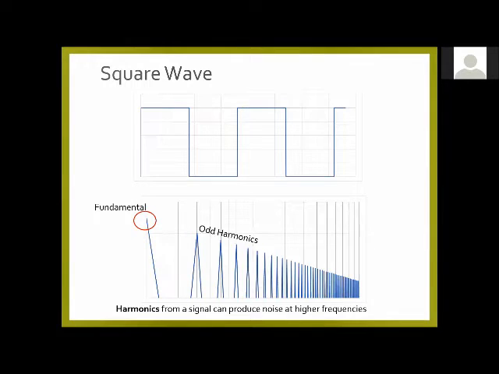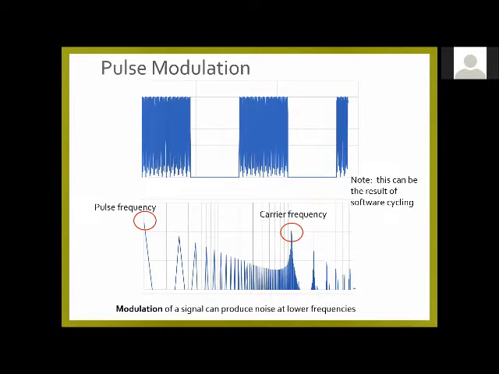Here's our square wave. You can see the fundamental and the harmonics. And harmonics from a signal produce noise at higher frequencies. Pulse modulation.